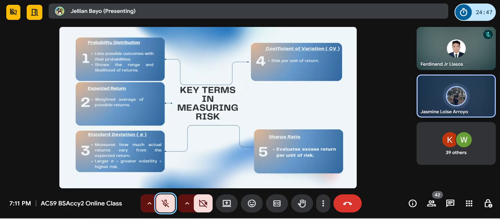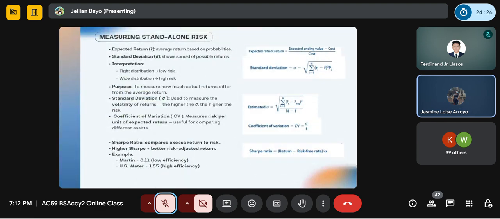This ratio measures how much excess return you get per unit of risk. It answers the question: am I properly rewarded for the amount of risk I'm taking? Does your return compensate for the risk you took? So, next slide.